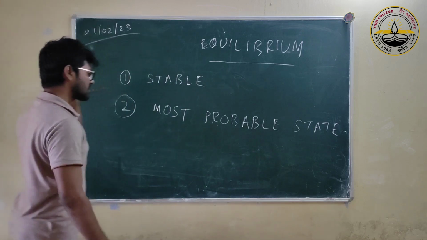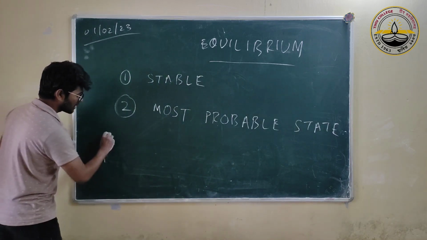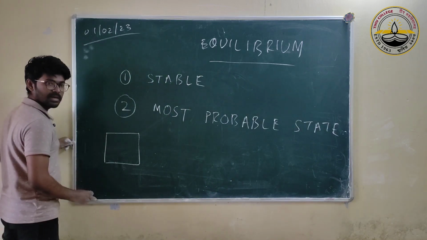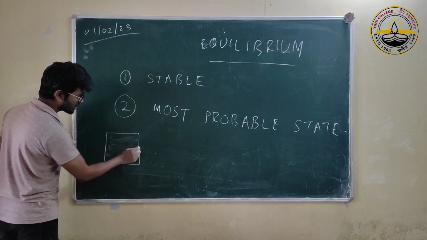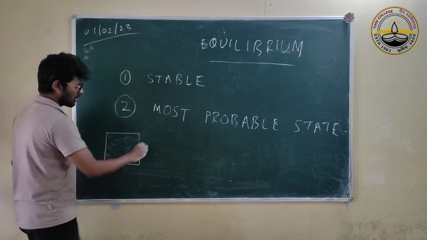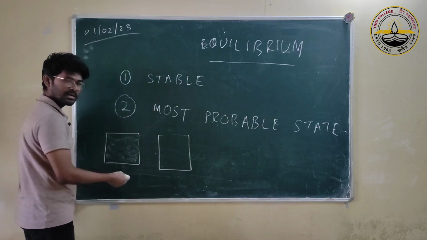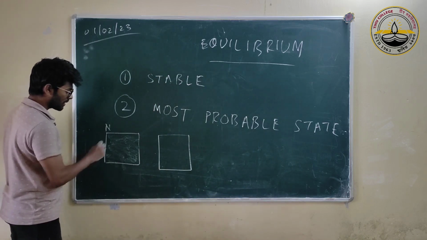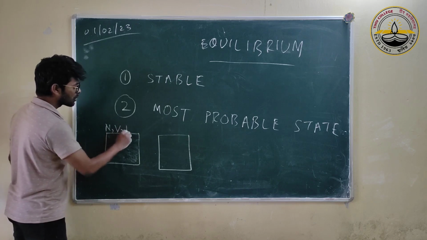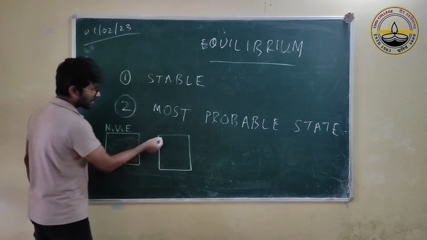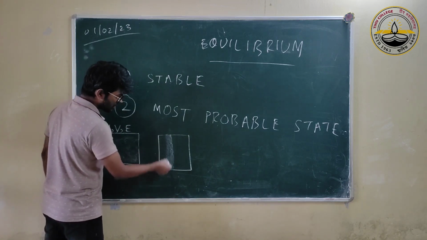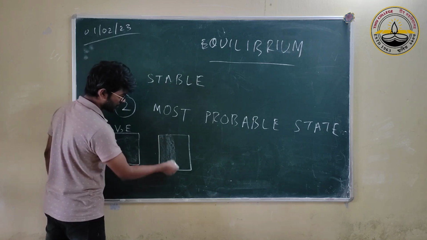What that means, just with an example, is that if you had a box and you had some gas particles inside, and this is a state, and there was another state. So this has some N number of particles, V is the volume, total energy E. But this also satisfies that.